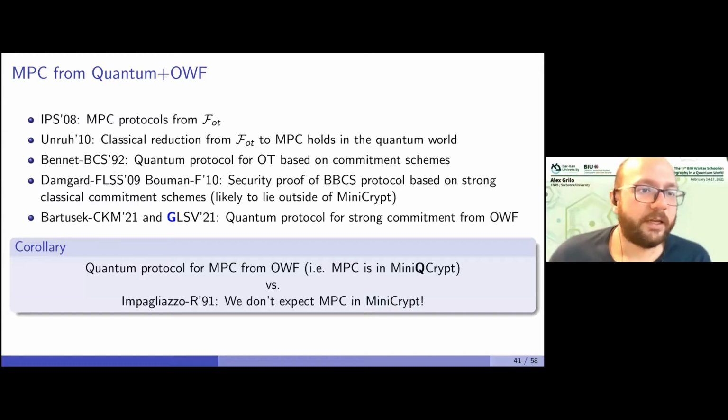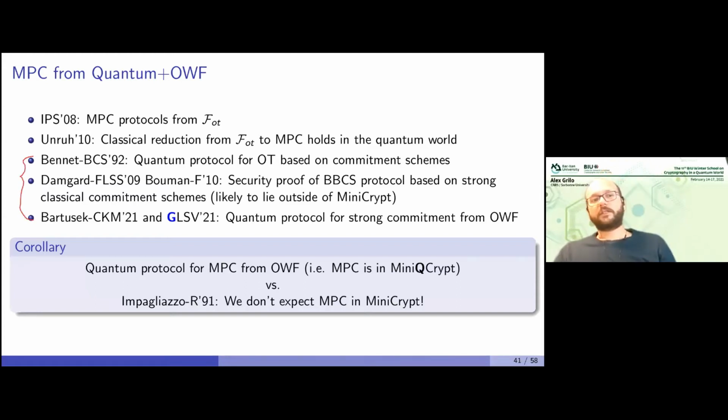And my goal here is to focus on these three bullets. So talk a bit about this protocol proposed by BBCS and give a sketch of the proof for it, and finally quickly go through how one can build these commitment schemes using quantum protocols.